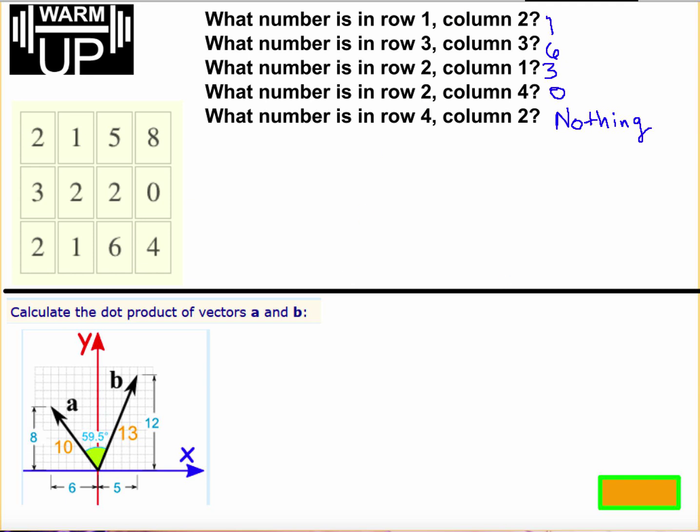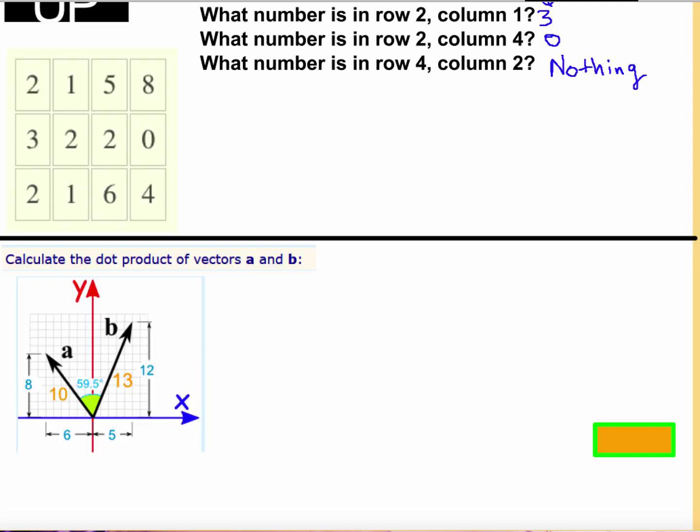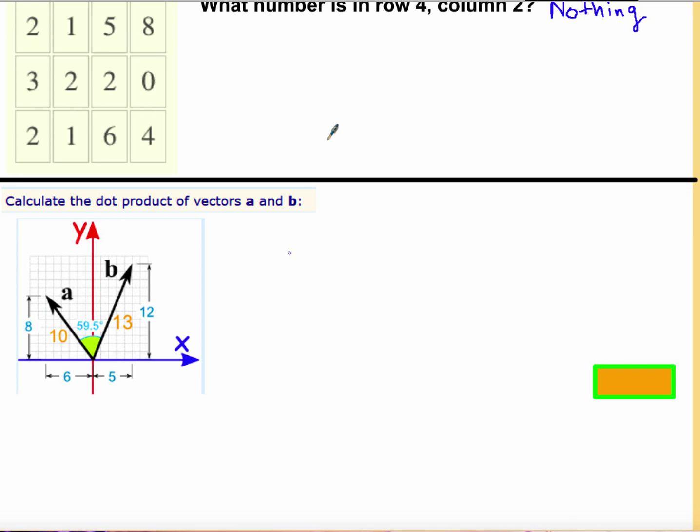And then, a little blast from the past, little vector operations here. So they're supposed to calculate the dot product. So if I want to know what vector A is, I can write it in component form. That's my favorite way. So vector A is simply my horizontal component, which is -6.